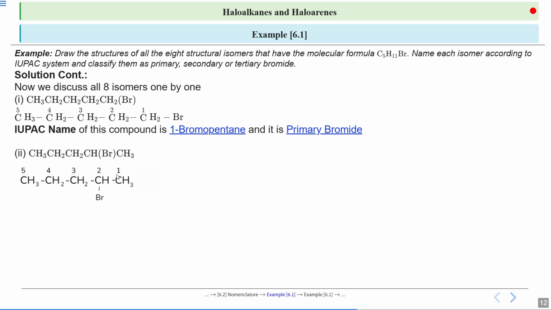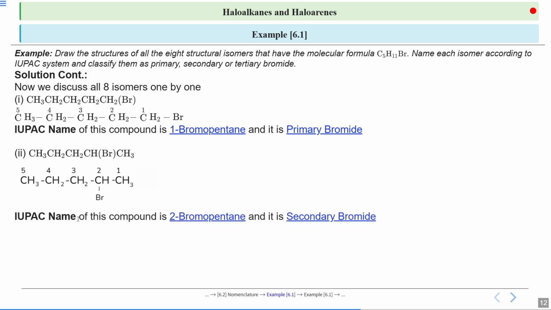Numbering will be done in this way, where the carbon at which bromine is present should get the lowest possible number, which will be 2. 1, 2, 3, 4, 5. So the IUPAC name of this compound will be 2-bromopentane, and it is a secondary bromide because bromine is bound to a carbon which is bound to another 2 carbons. So it is a secondary bromide.